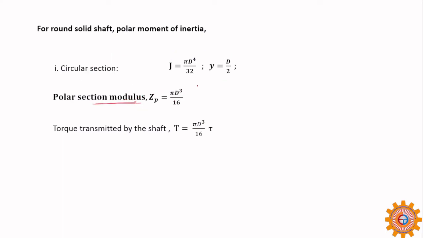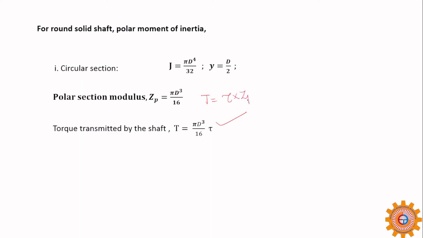So if you multiply this polar modulus with tau, you will get the torque transmitted by the shaft. Very important formula. Torque is equal to tau into polar section modulus.